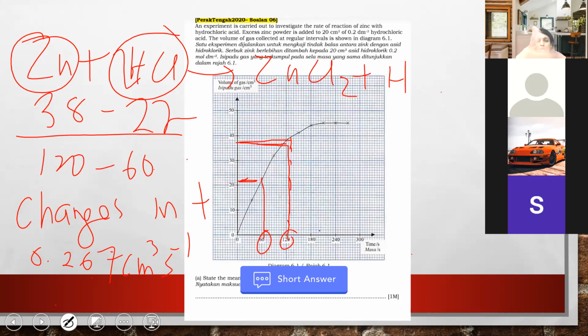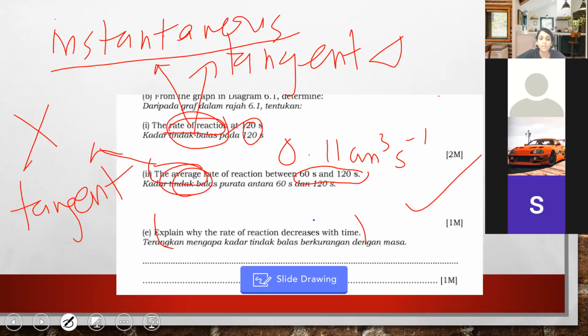When I finish using up my reactant, will I have any more products? Answer teacher's question. If I use up all the reactants, you will not have any product. So the answer here will be zinc powder and hydrochloric acid has been used up.